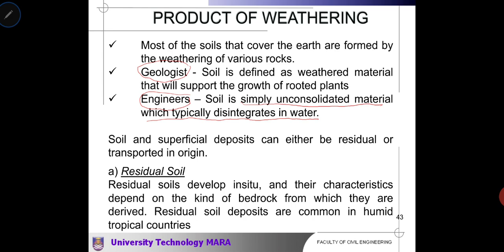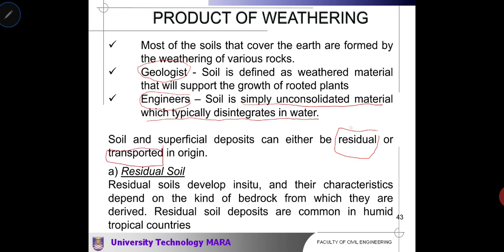And also engineers understand soil as the material on site that you can remove using a shovel, or maybe you want to use some mechanical equipment as well. Soil and superficial deposits can either be residual or transported in origin. So let's see the term residual and then the term transported.